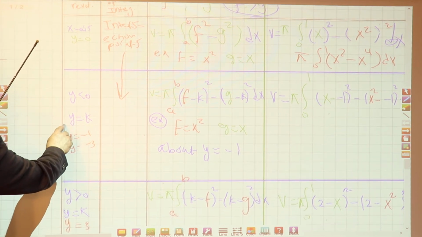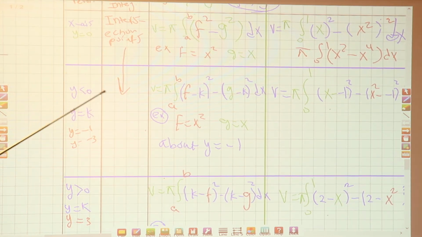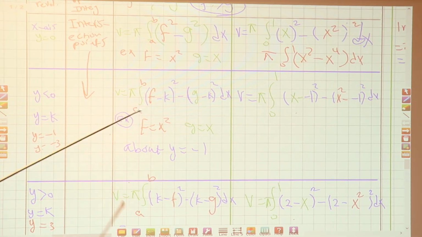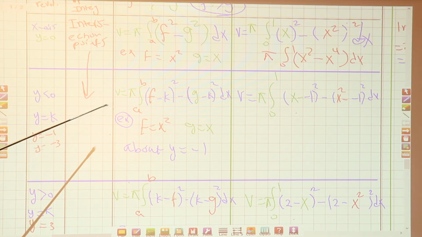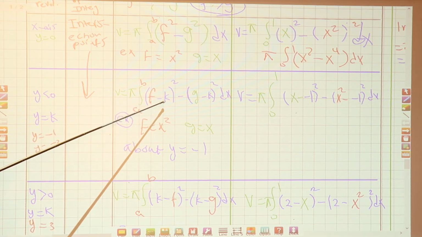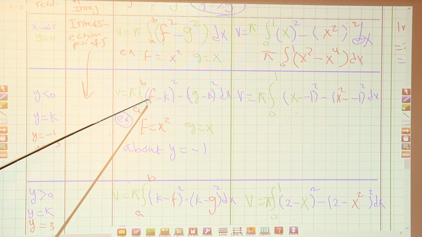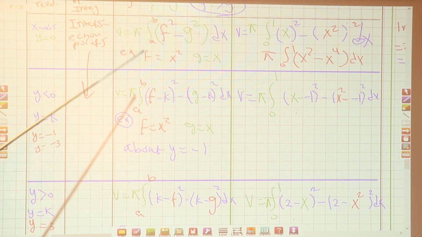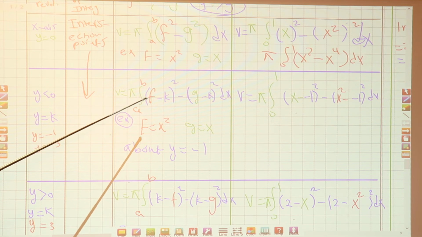Now look here, I'm going to finish it in 4 minutes, because the example is existing. Now, 2 functions, and we need to revolve it about a line less than 0. Like what? y equals -1, y equals -3. If f is greater than g when you graph f and g.